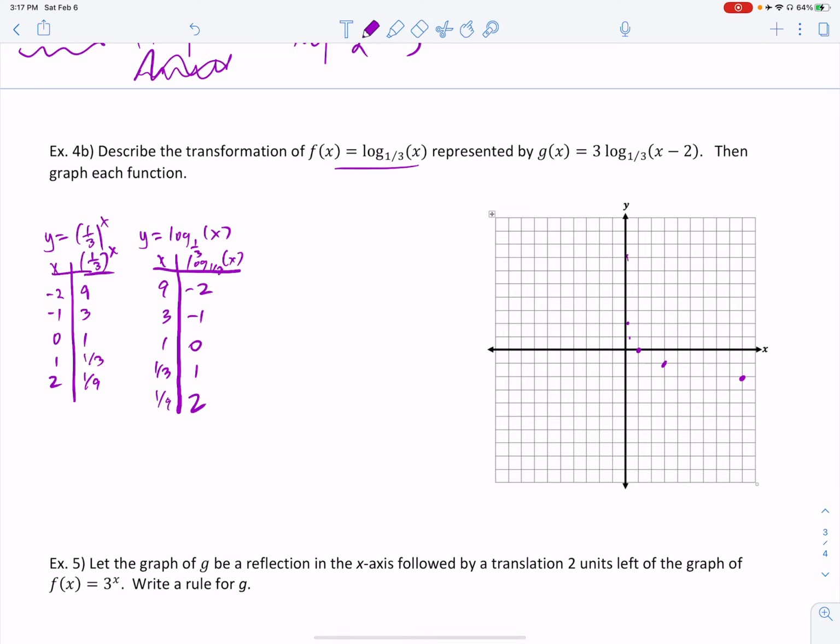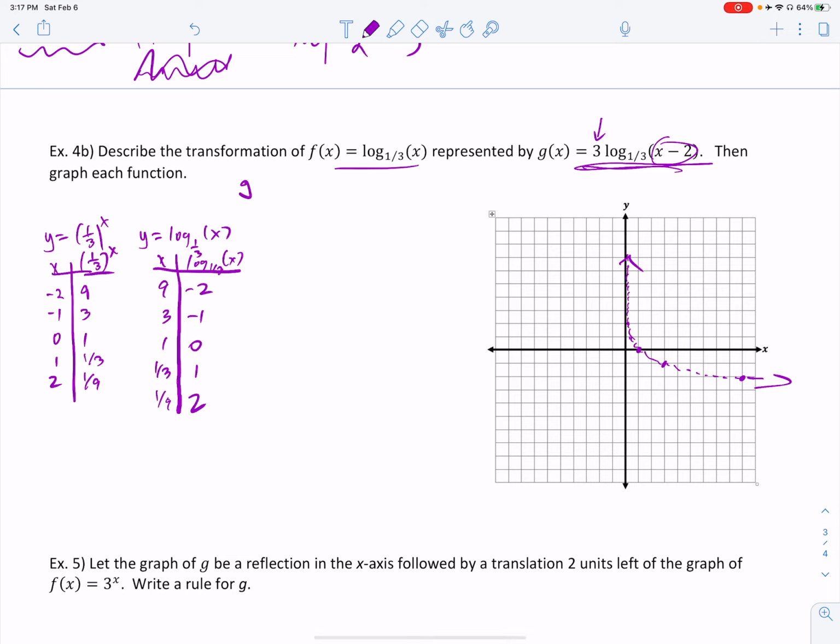So this parent function, because its base is between 0 and 1, goes like this. Now, the transformation is this 3 is going to be a vertical stretch by 3, and then this is going to make it go right 2.